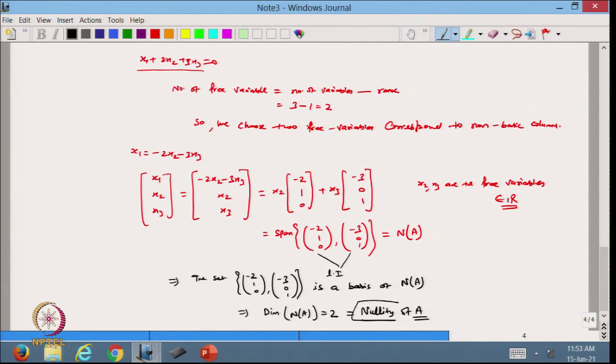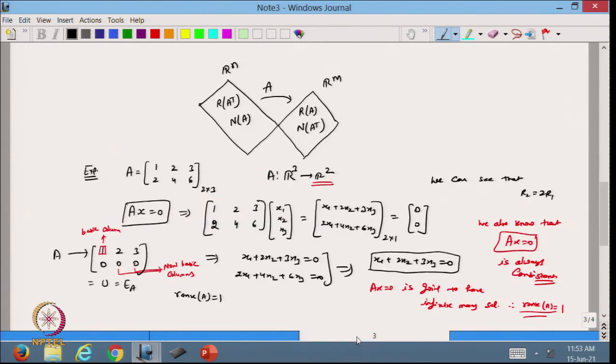So, the dimension of the null space is called the nullity. That is 2, and it comes from solving this way. So, I know the range space of A and the null space of A from this.